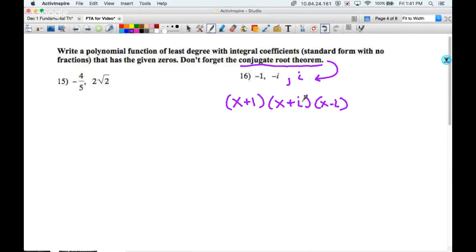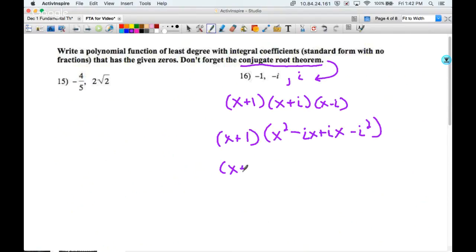Let's FOIL out the conjugates first, because we know we'll get some good canceling. We'll say x squared, or technically if I'm FOILing it would be minus ix plus ix. Those are going to cancel. Minus i squared, that becomes a negative 1. At x plus 1, that whole thing, x squared, these here cancel.